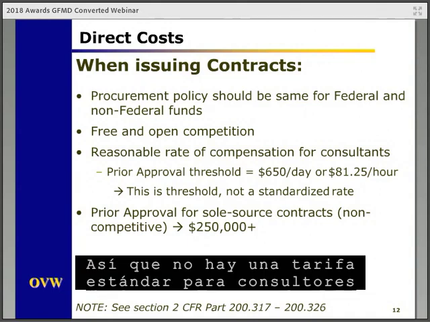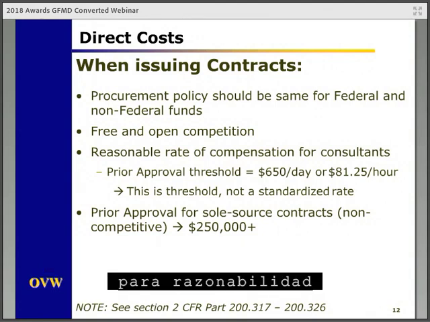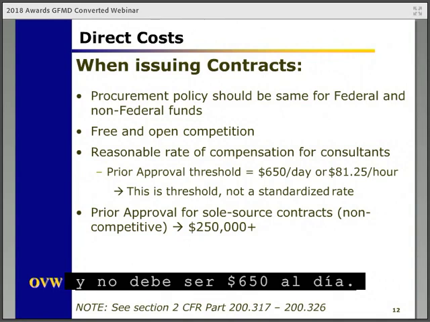So there is no standard rate you should pay a consultant, and each consultant's rate should be evaluated on a case-by-case basis for reasonableness and consistency with market rates, and should not be $650 per day across the board.